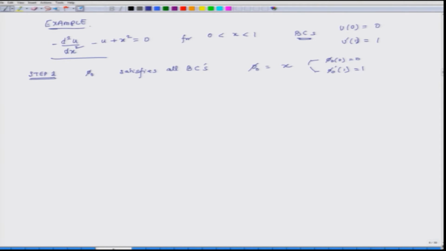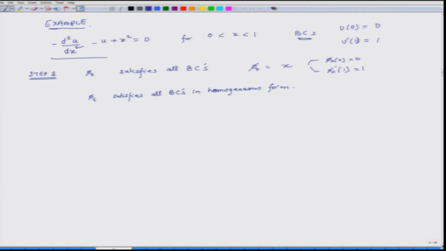Then what we do is we choose phi I, and phi I has to satisfy all the boundary conditions, but in their homogeneous form. Okay.